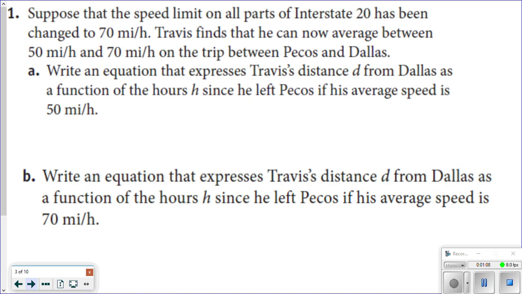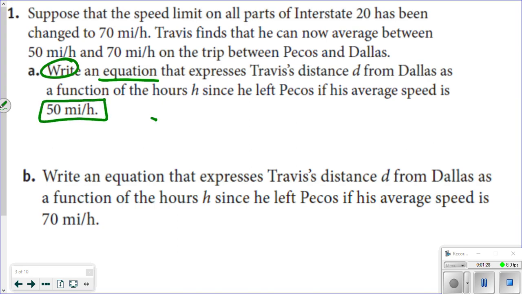So we are going to write an equation that expresses Travis's distance d from Dallas as a function of the hours h since he left Pecos if his average speed is 50 miles per hour.